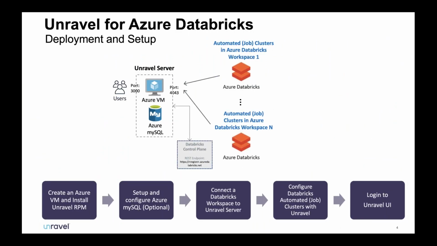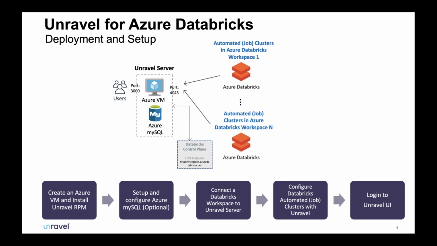Okay, before I dive into the actual demo, I want to spend a couple minutes talking about the architecture of our solution for Azure Databricks. Unravel has an Azure VM and potentially also an Azure MySQL database that would need to be set up within the customer's Azure environment.